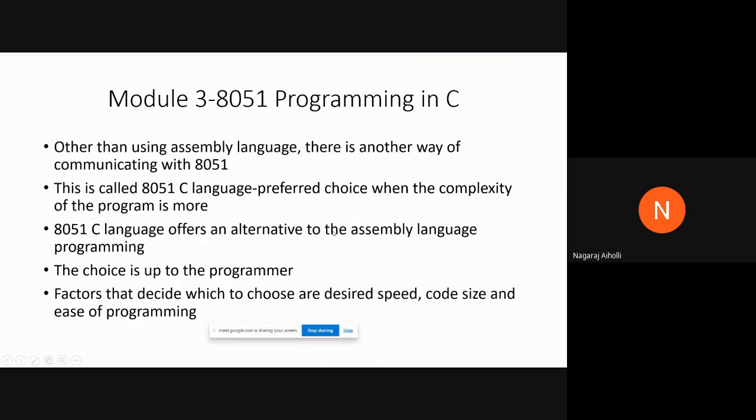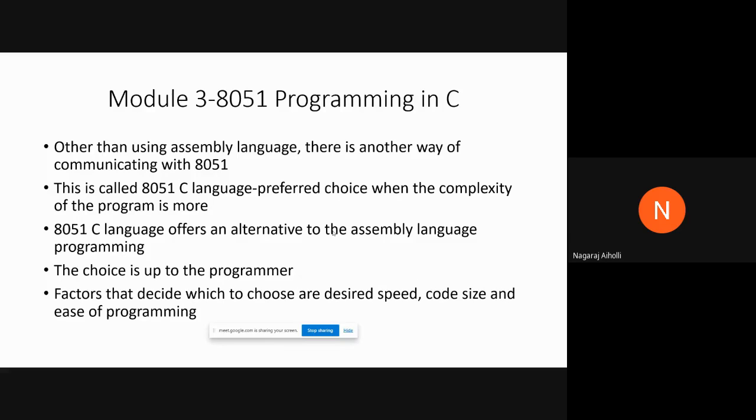Starting with the introduction, just as we have assembly language, similarly we have 8051 C language. The features that are there in 8051 C have certain advantages over the features in the assembly language program. So this 8051 C language is an alternative for the assembly language program.